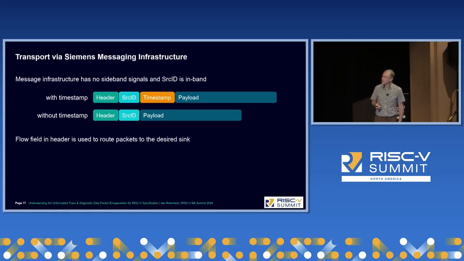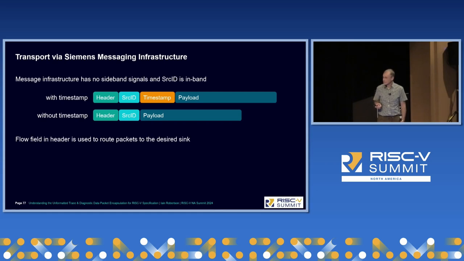Another example is the messaging infrastructure used by the Siemens embedded analytics IP. In this case, there are no sideband signals, just valid and ready in data. So all of the packet contents have to be in band, and the source ID would be included here in the packet.